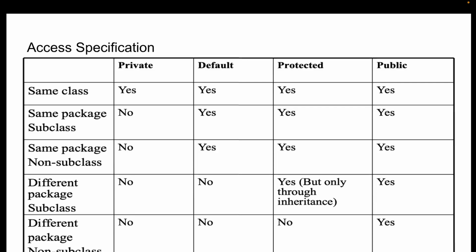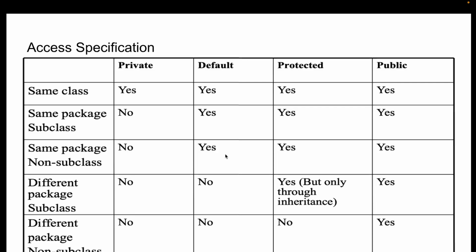Similarly, in the same package, if you have a child class, your child class can also inherit those variables and methods. And there is another class which is not a child class but within the same package, that can also use your default methods and variables.